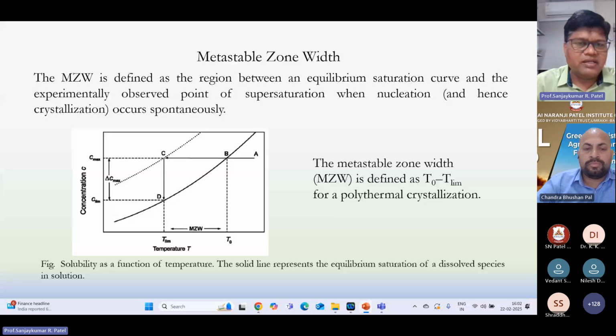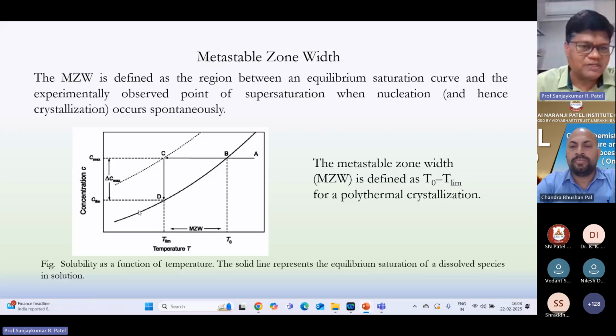This solid line represents the saturated concentration of the solute. You can say saturated concentration is nothing but the solubility limit, correct? So this is a solubility curve, and this dotted curve represents the point of supersaturation at which the nucleation is started.